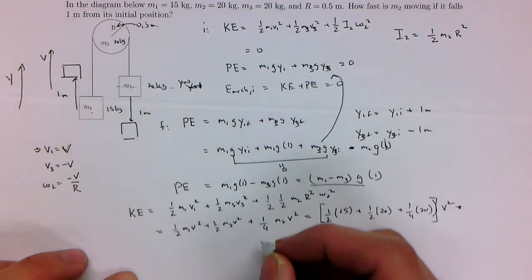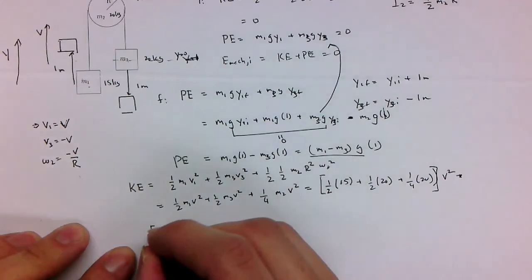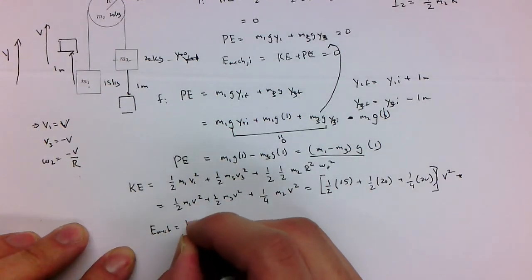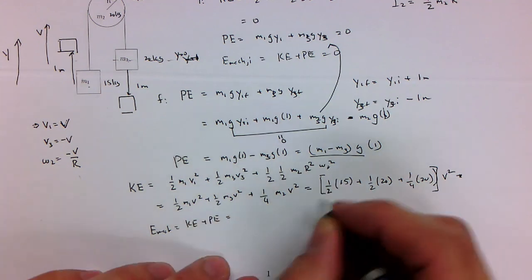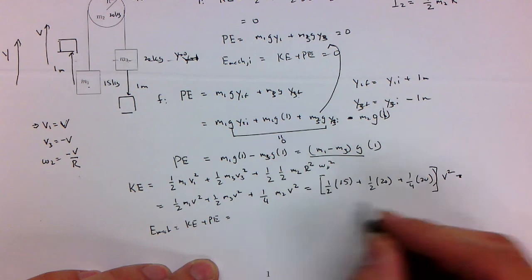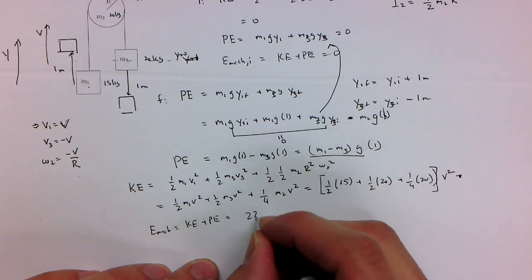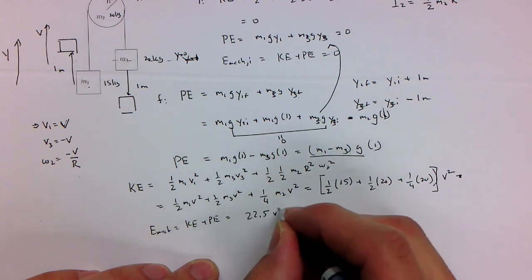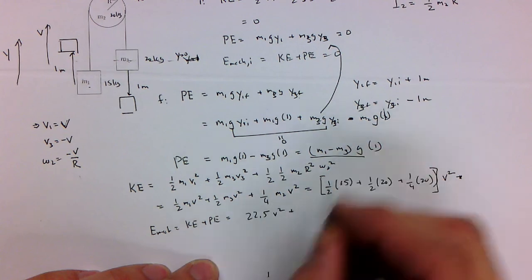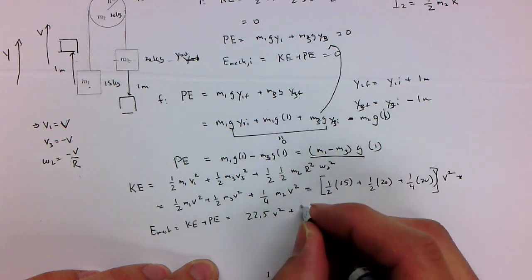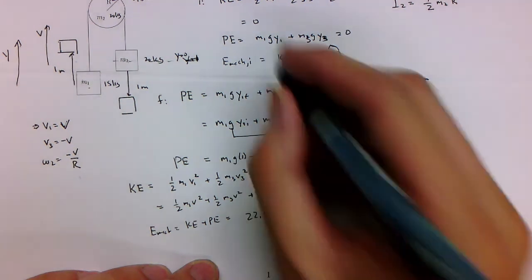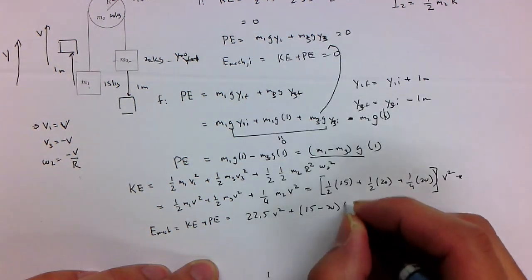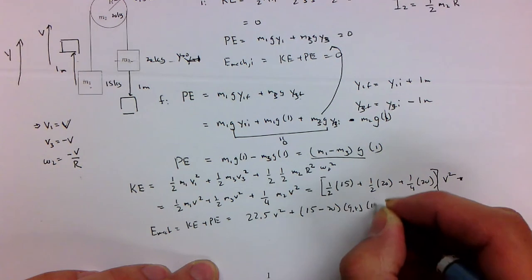So the mechanical energy is the kinetic energy plus the potential energy. Well, what's this going to be? This is actually going to be this entire thing here, which is 22.5 v squared, plus this term, which is going to be 15 minus 20 times g, 9.8, times 1.